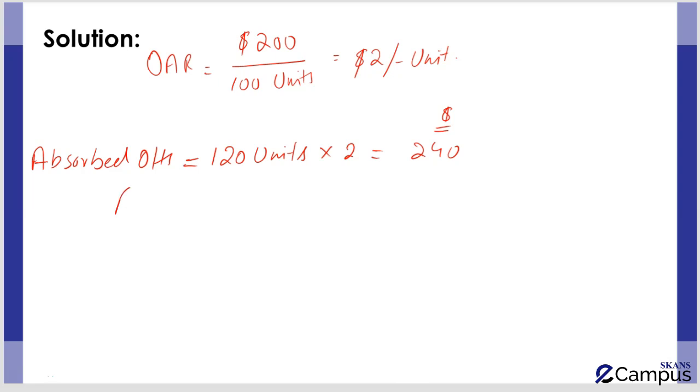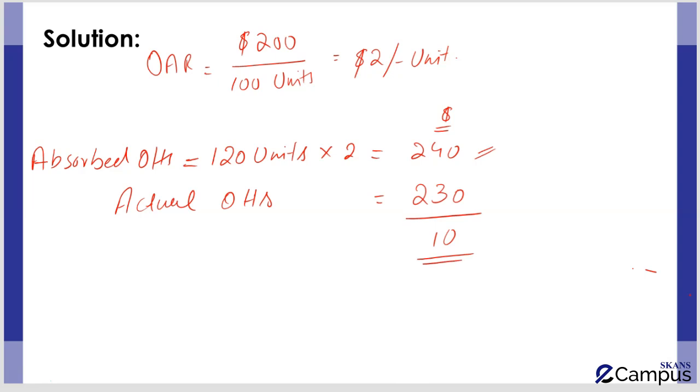Now we will compare it with actual overheads. Actual overheads are 230. 240 is the overheads that we have charged into the production cost, but the actual overheads incurred in the period are 230, which means we have over absorbed $10 of overheads into our production cost.